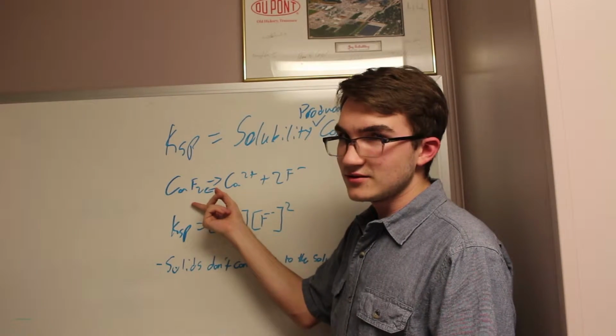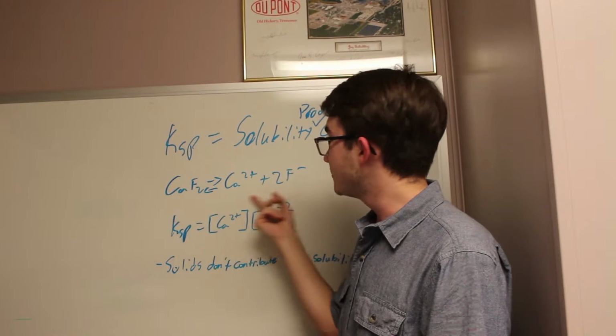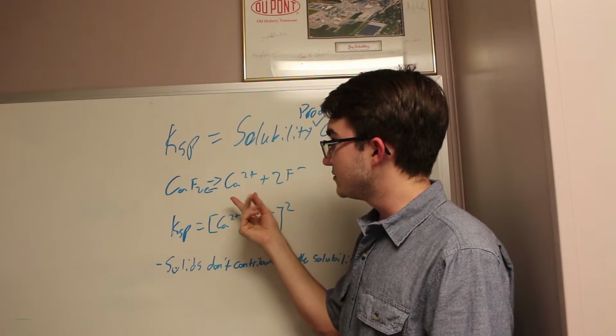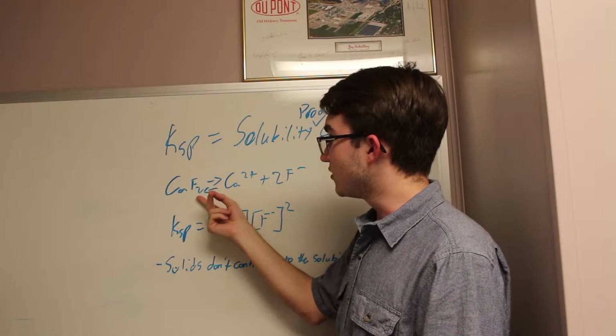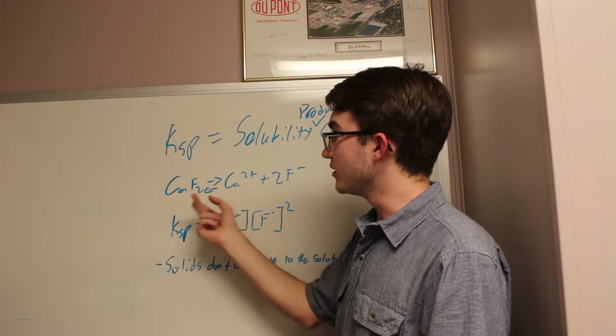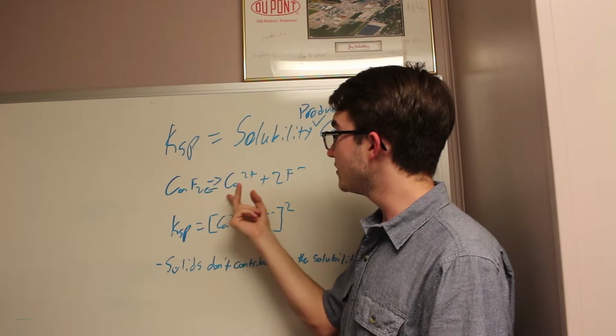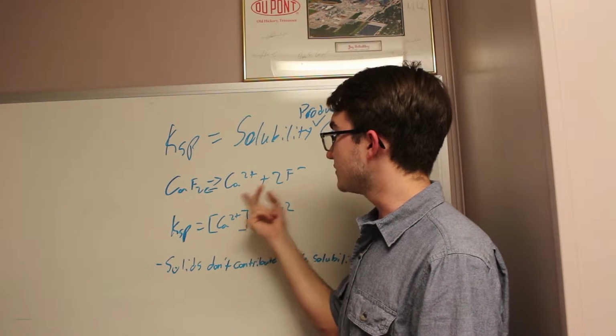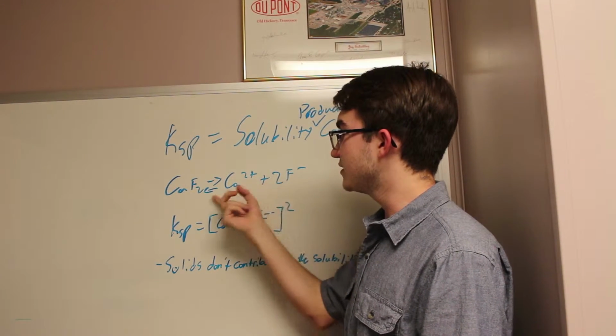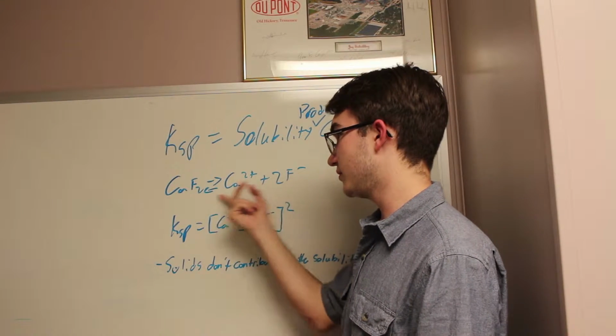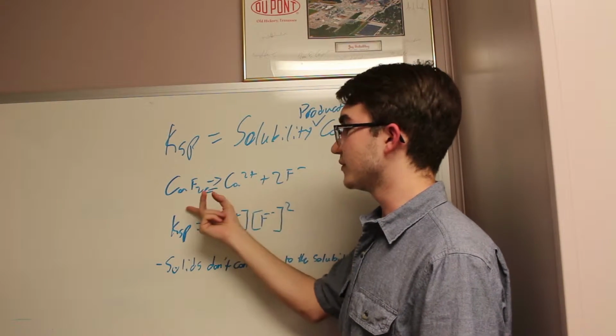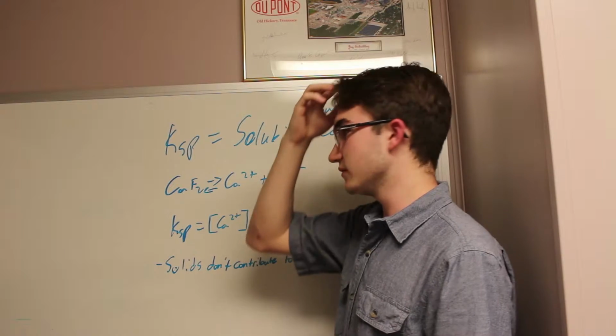So here we've got a little example of a dissolving thing at equilibrium, which is calcium fluoride. It dissolves into calcium and fluoride, but since it's at equilibrium, it'll form as much as it'll dissolve.